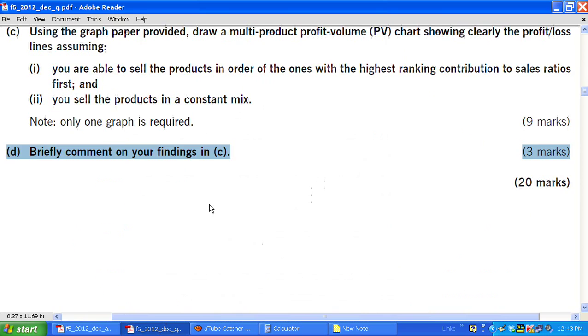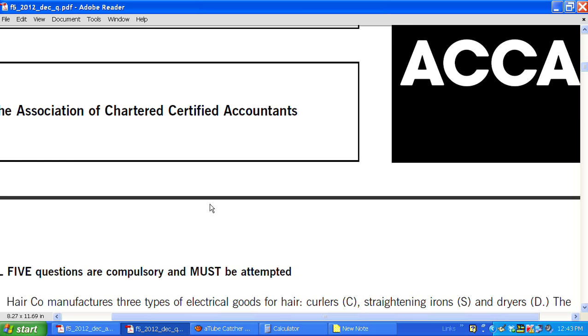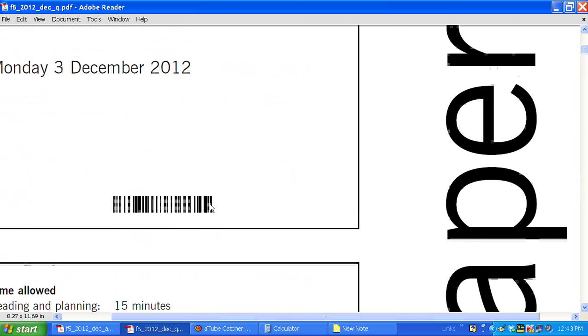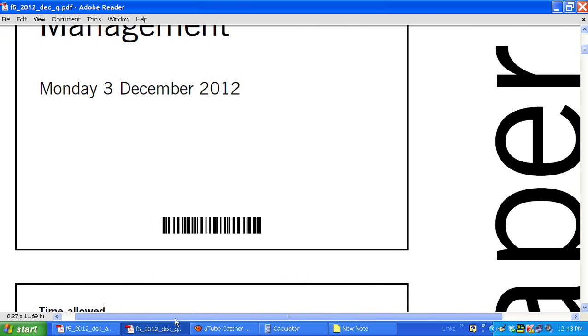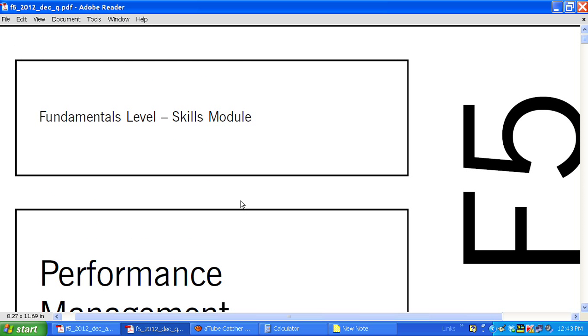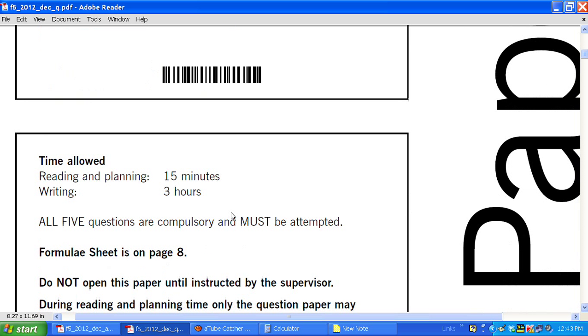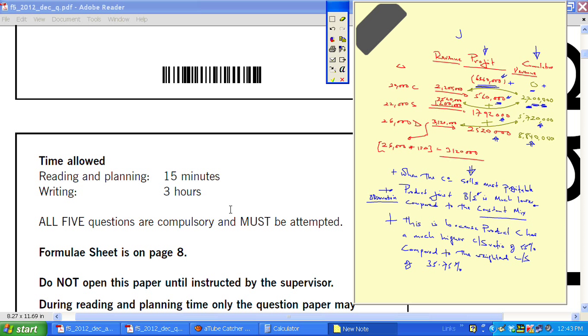This is the first time this question is being set by the current examiner, Ann Irons, and we hope to see more of such questions. Remember, she had written an article about this, but she hadn't yet set an exam. Now it has come up again. I'm not sure if it will come up again, but nevertheless, it's important to expect that you know many of the things.